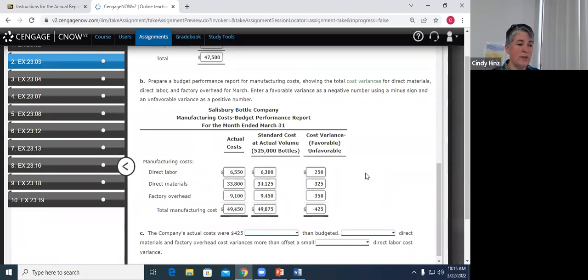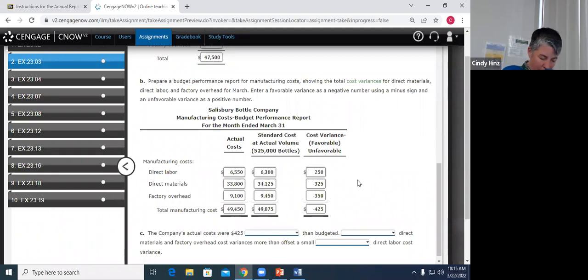Again, the company is going to decide, is 4% something they can live with? Are they concerned about that? How much investigating, how much time do they want to devote to finding out why that's different? But for each of the other two categories, direct materials and factory overhead, we now have a favorable variance. Our costs actually came in below what we would have expected based on the actual quantity of the flexible budget.